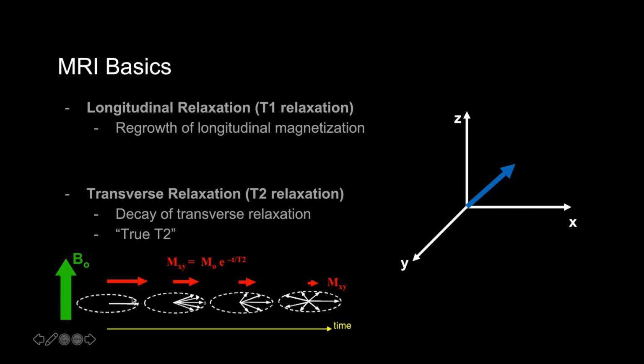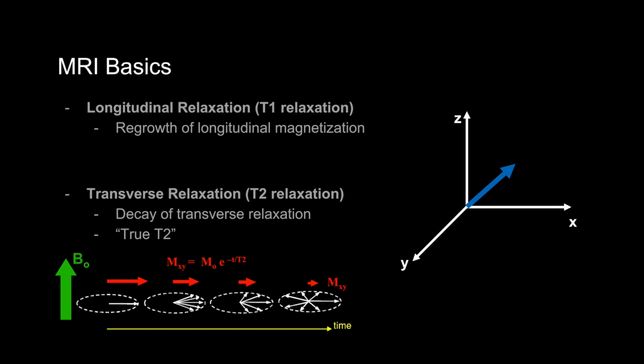The yellow line represents time. Over time, the nuclei begin to lose their phase coherence, and they precess slightly out of phase and eventually lose signal in the xy plane. In other words, they relax in the transverse plane: transverse relaxation or T2 relaxation.